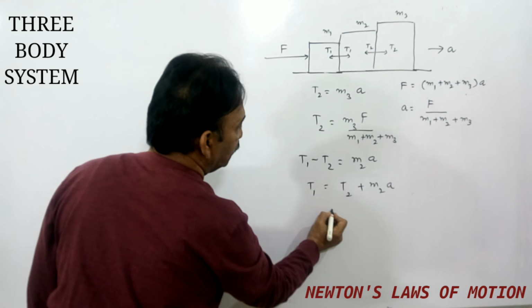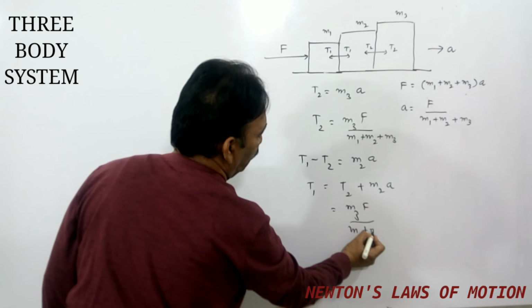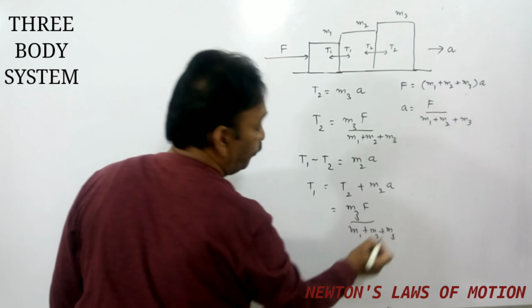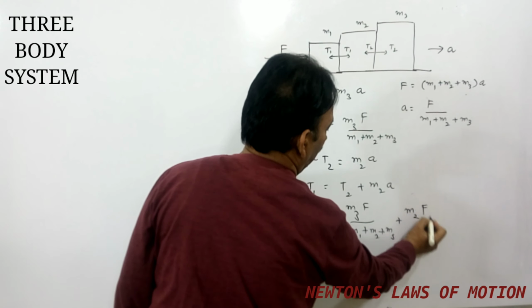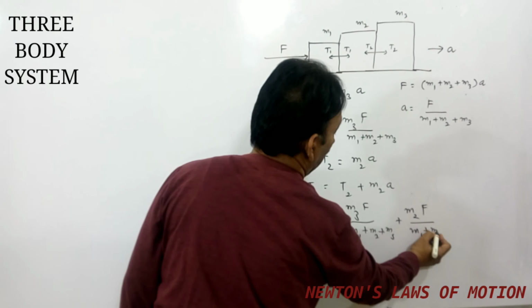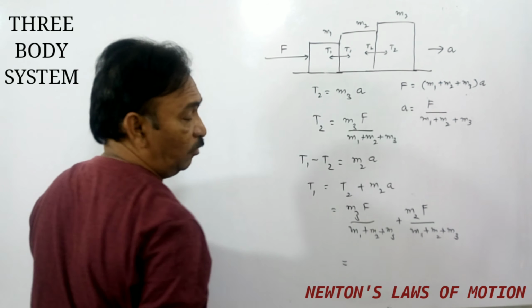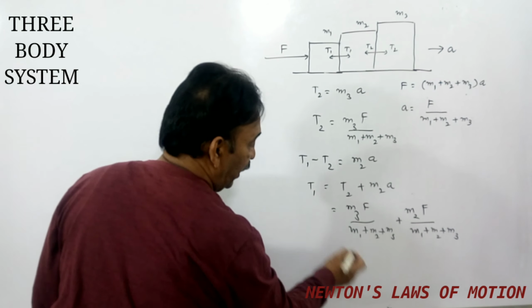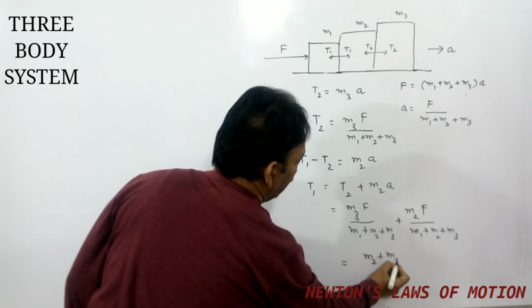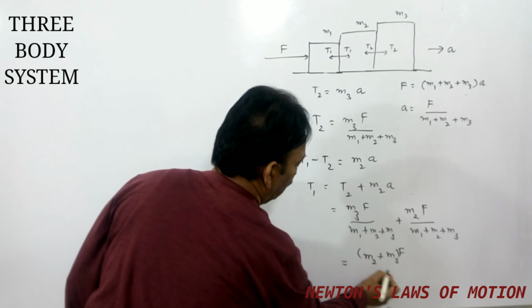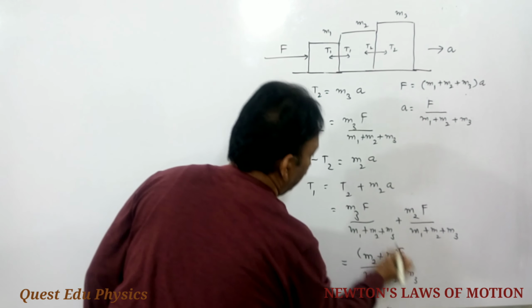Already we had T2 as m3F upon m1 plus m2 plus m3, plus m2 times acceleration F of m1 plus m2 plus m3. Then T1 is m2 plus m3 of F upon m1 plus m2 plus m3.